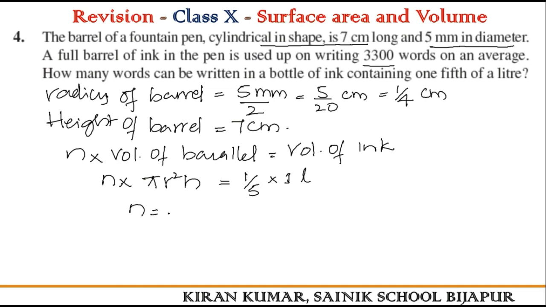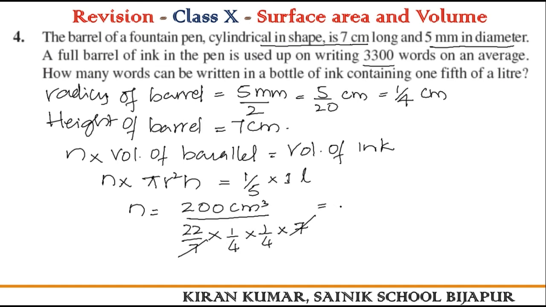So n will be equal to 1 by 5 of 1 liter, which is nothing but 200 centimeter cube, divided by 22 by 7 into 1 by 4 into 1 by 4 into 7. 7 will get cancelled. We will be getting 1600 divided by 11.